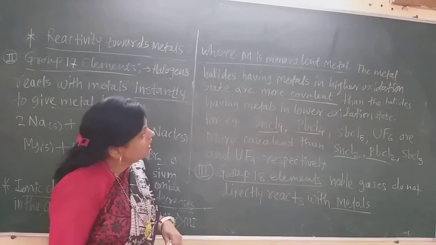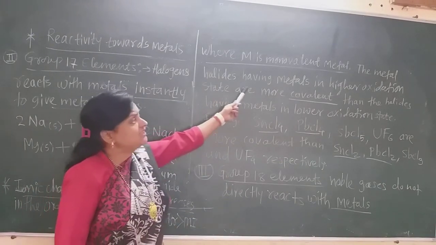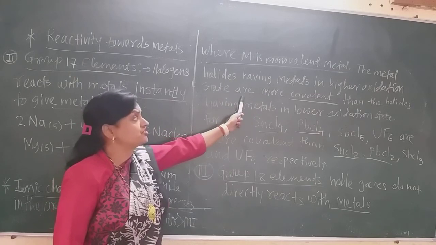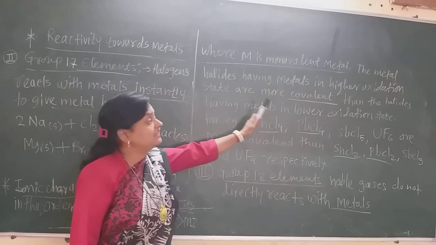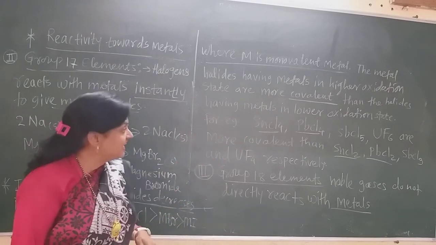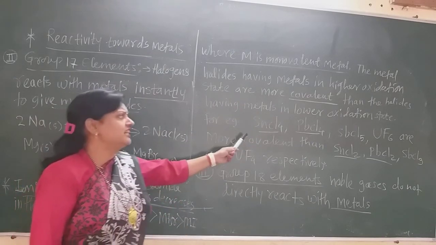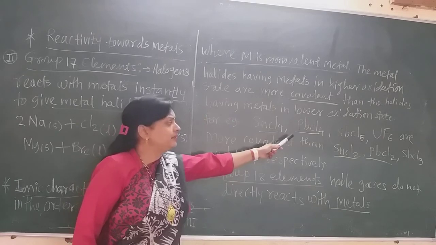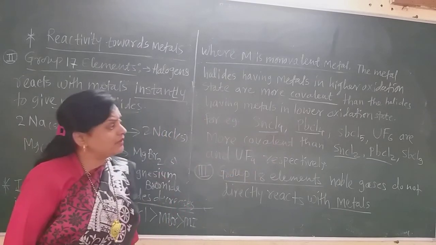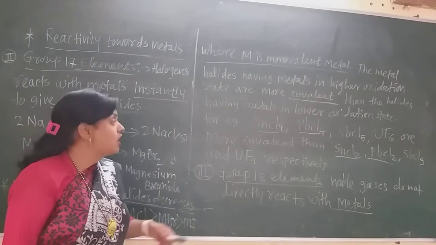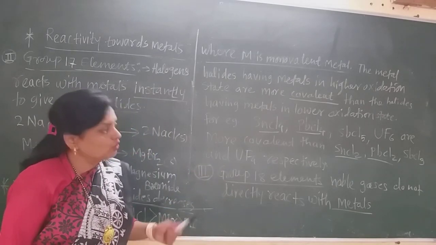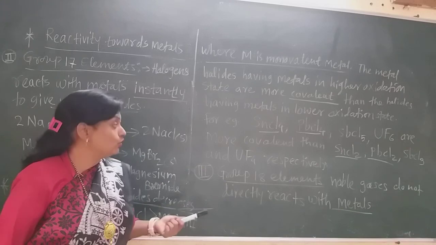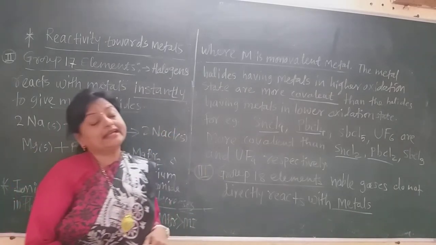So metal halides having the metal in the higher oxidation state are more covalent than halides having the metal in the lower oxidation state, and therefore SnCl4, PbCl4, SbCl5 and uranium hexafluoride are all more covalent than stannous dichloride, lead dichloride, antimony trichloride and uranium tetrafluoride respectively.